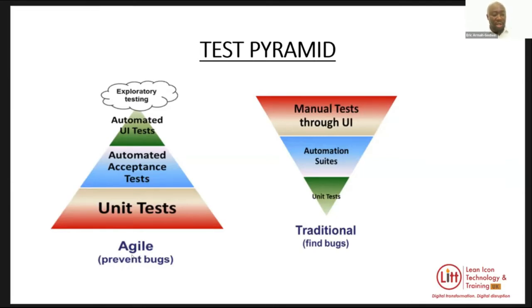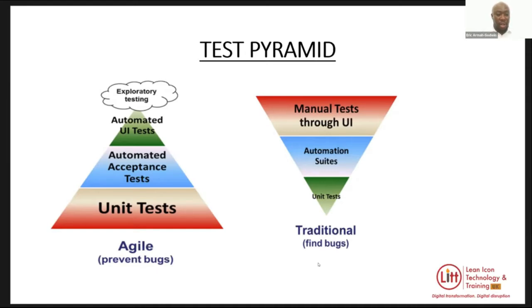Even if you look at the bottom of this pyramid, you realize that Agile focuses on preventing bugs, which you want to do. When you look at the traditional one, the mentality is, well, let's do more manual testing.